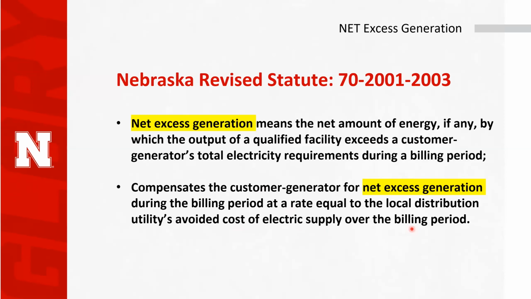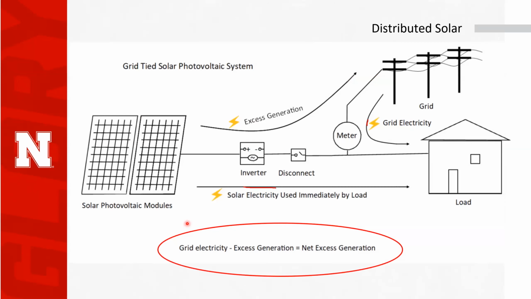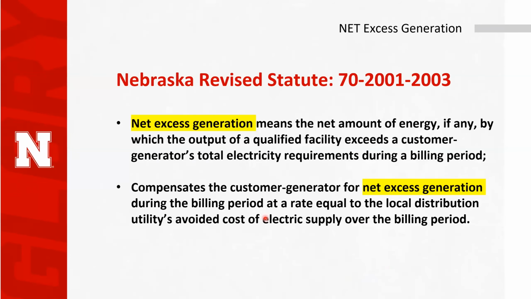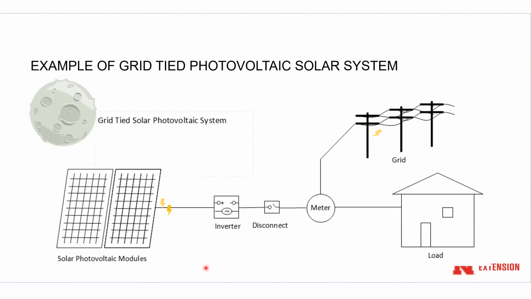So again, if you have net excess generation, they'll buy that at avoided cost. But in the case, and we'll touch on this again in a minute, that grid electricity is larger than excess generation, all of that excess generation offset grid electricity. Thus, it had retail value in a net metering situation. So now we have at least some understanding of both the flows of electricity and some definitions, and we'll touch on those more as we go forward.